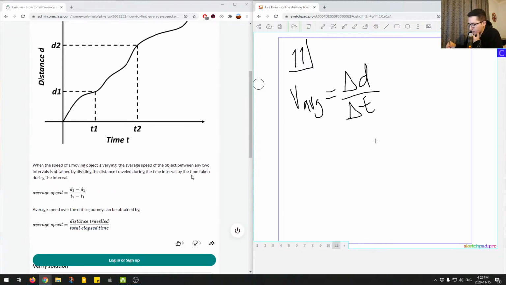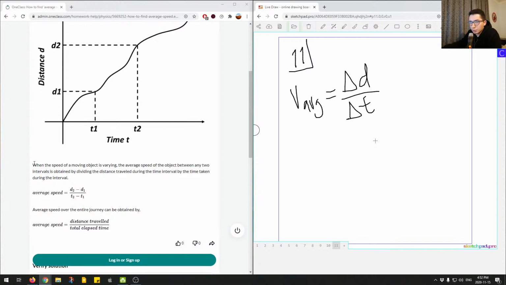If it's velocity, if it's a vector, that's when we don't really care about the path. When it's average speed, we do care about the path. That's the differentiation I was thinking about. When it's a vector, a velocity at an instant in time or between 2 points, we don't care about the path traveled. We just care about the position.